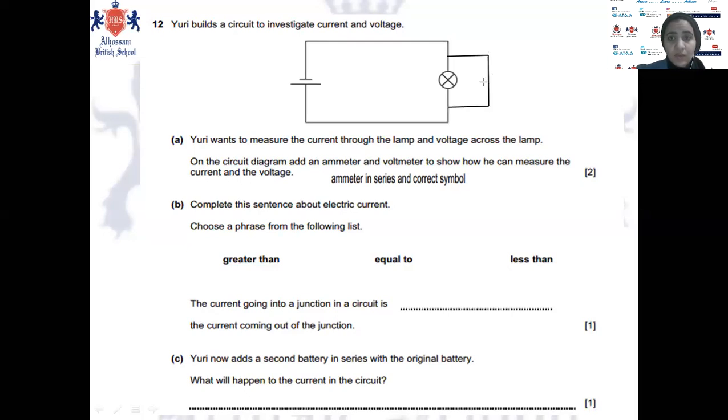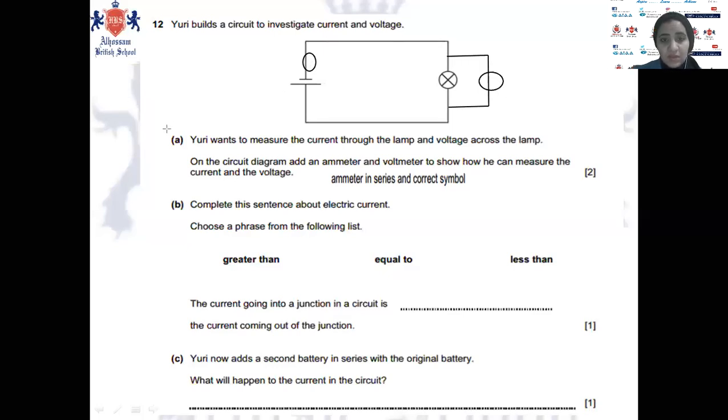In this way we can add the voltmeter and write the letter V. And of course, the ammeter beside the cell at any position in series. Excellent, Masoud.